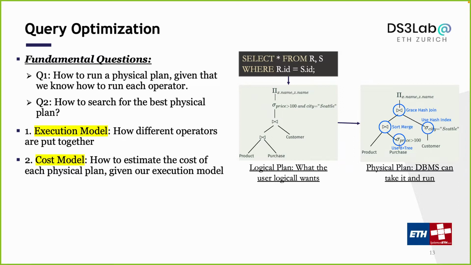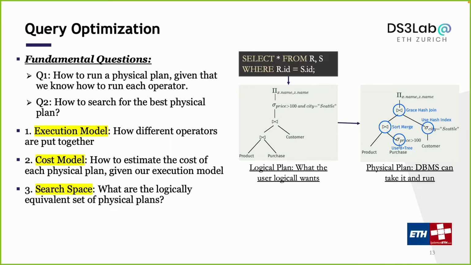Once I know that, there's a cost model. Given this physical plan, how can we estimate the cost of running that plan? We talked about how to do that for a single operator last time, but now we need to put them together to understand the cost of the whole thing. And then we try to define the search space. You give me a logical plan, and there are so many different ways I can run it.